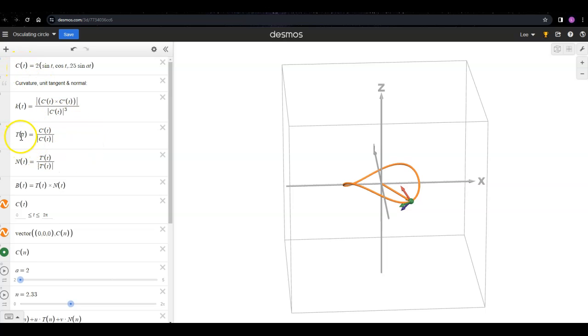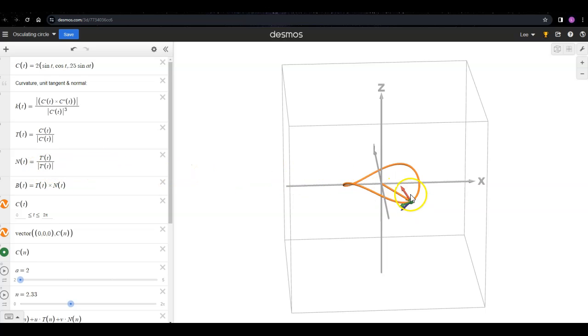The tangent vector is also here, which is C prime of t over the magnitude of C prime. So we're taking the derivative, but then normalizing it. The normal will be the derivative of tangent, so it's sort of the second derivative, but again normalized.